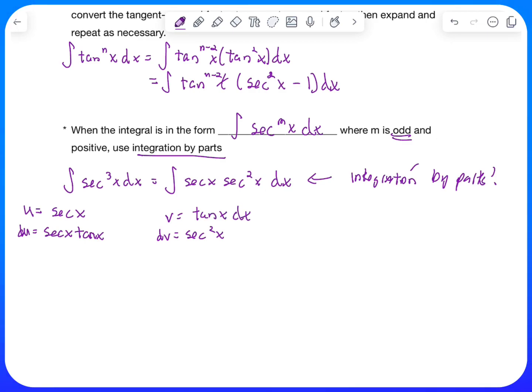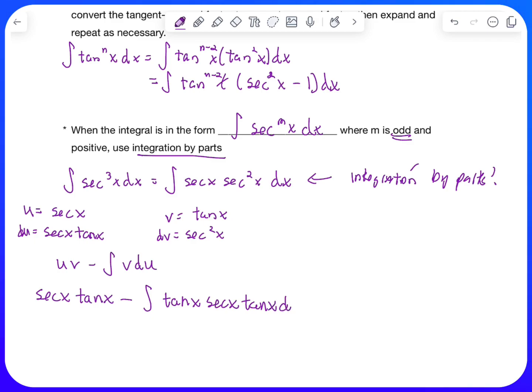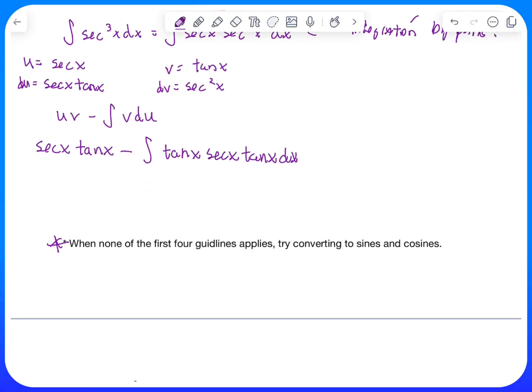So plugging this into our integration by parts, we have the integral of secant cubed x dx is equal to secant times tangent of x minus the integral of tangent x times secant x tangent x dx. Okay, so the integral of secant cubed x dx is equal to secant x tangent x minus the integral of secant x tangent squared x dx.